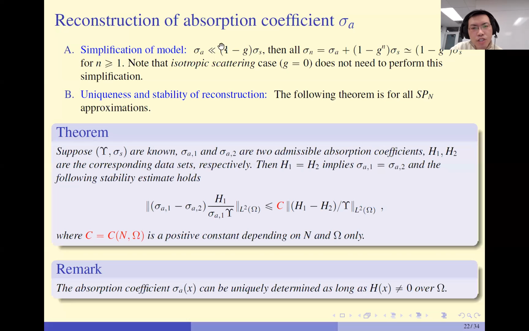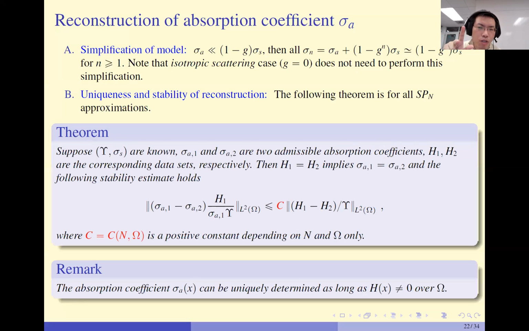So if this coefficient is much larger than absorption, then we can do the approximation in the SPN model that all the coefficients sigma_n can be approximated by the absorption coefficient, except the first one. In this way, we get the fully decoupled system between these two coefficients.